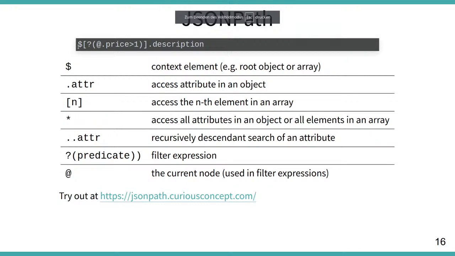This is querying an array of product documents, and we go into those elements which have a price greater than 1. So give me all products that cost more than €1 or dollar or whatever, and then, finding those product elements, we go into the description. So this query is something you should understand.